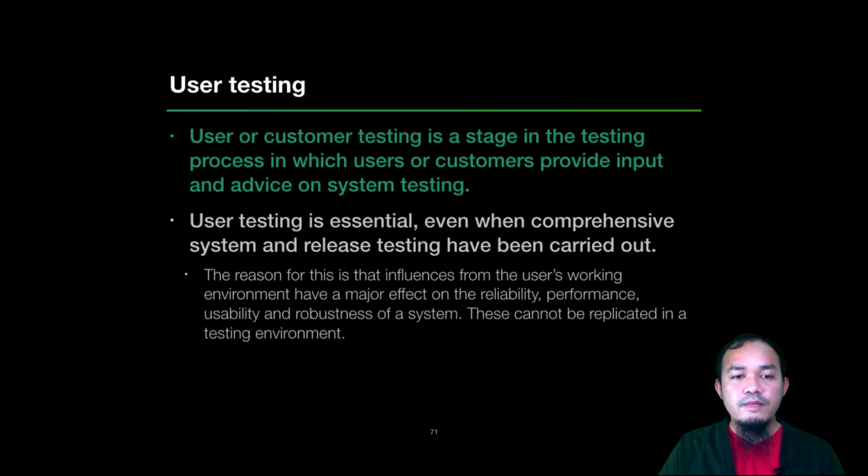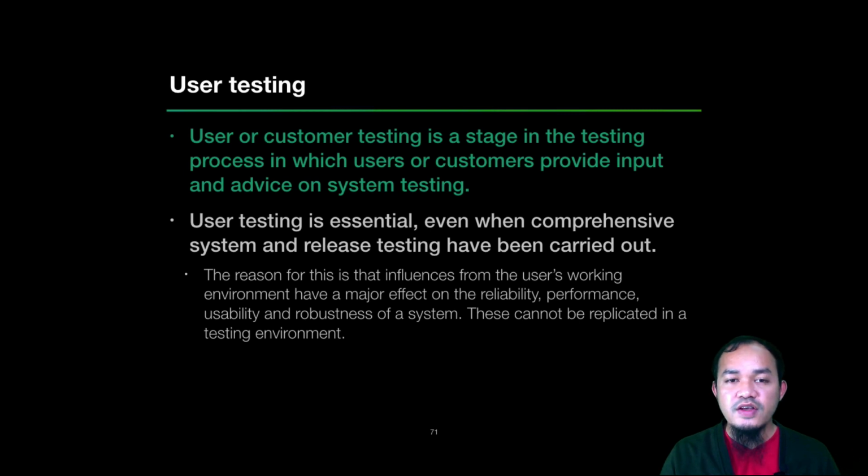User testing. User testing or customer testing is a stage in the testing process in which users or customers provide input and advice on system testing. This is exactly the thing when we want to release and deliver our software: we have to make sure that our users and customers are satisfied with our result. We have to do user testing.